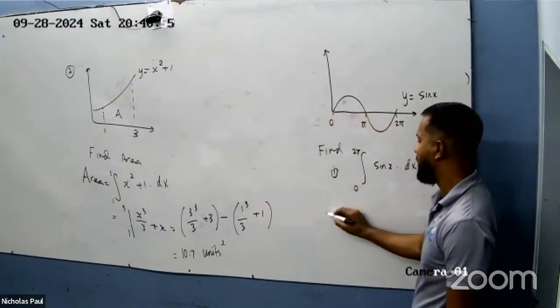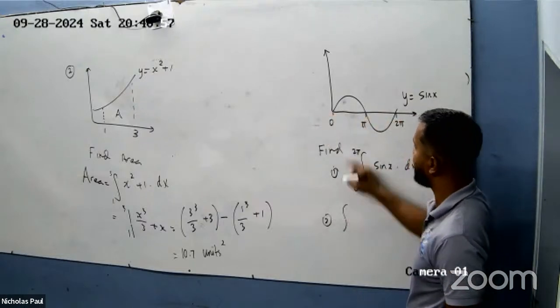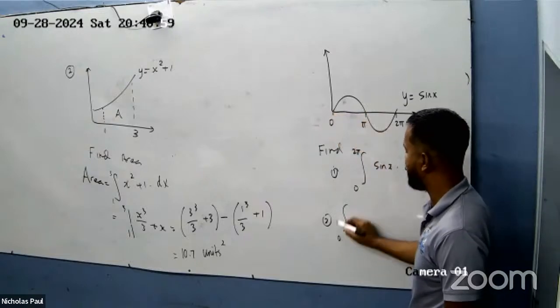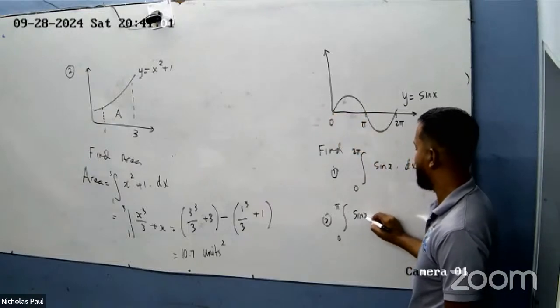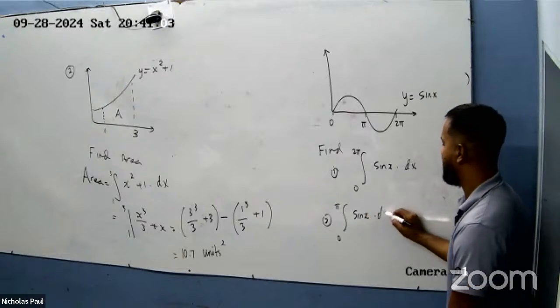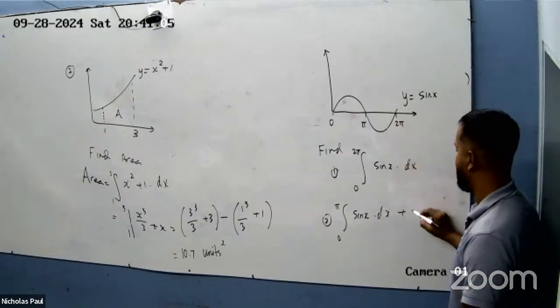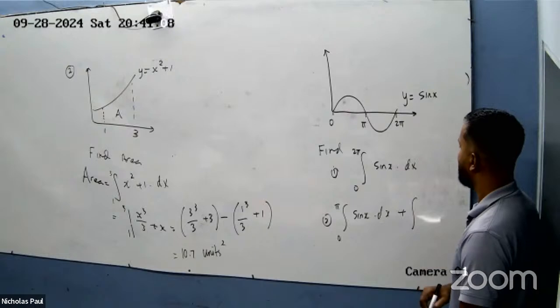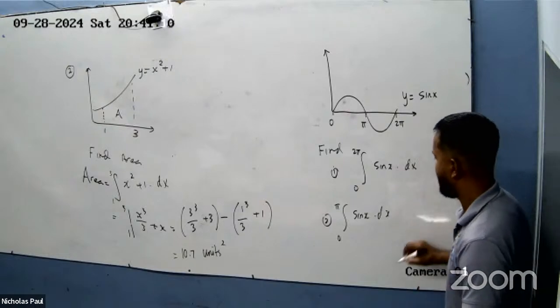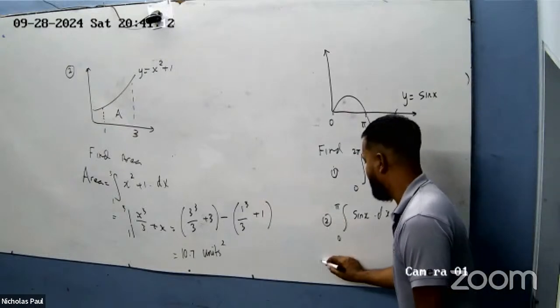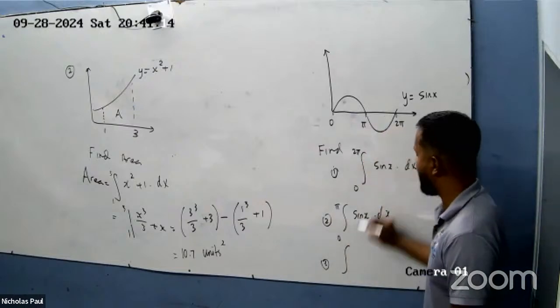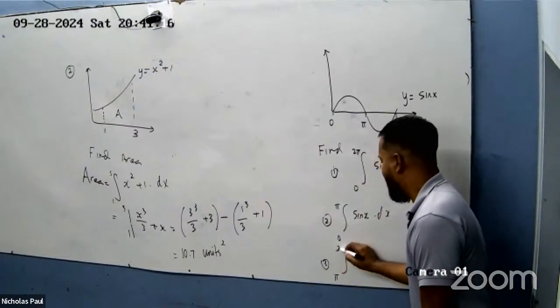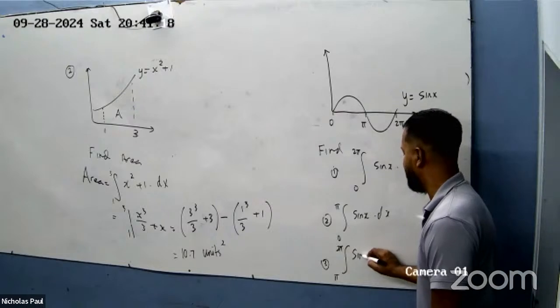And then work it out separately from 0 to pi. And then work out between pi and 2 pi. And you'll recognize something happening.